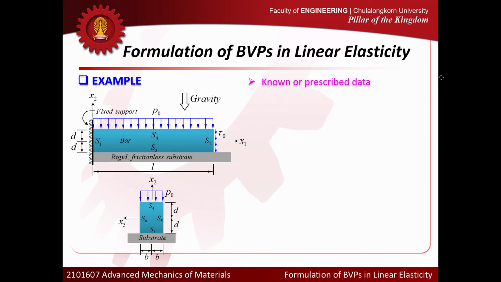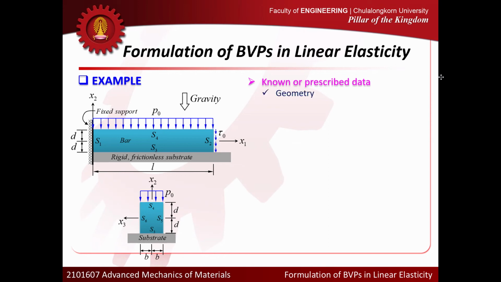All this information must be identified first, because it will enter the formulation to make sure that the formulation we get is specific to the problem that we are interested in.